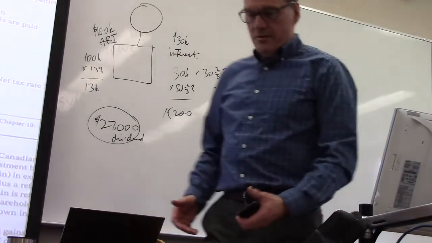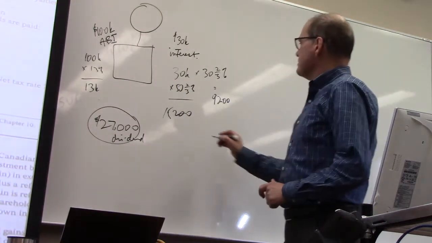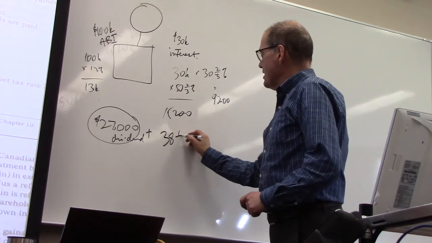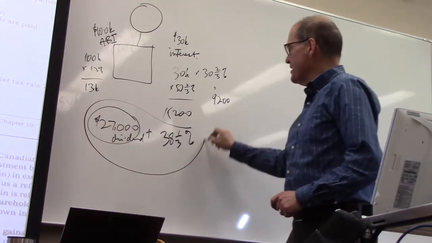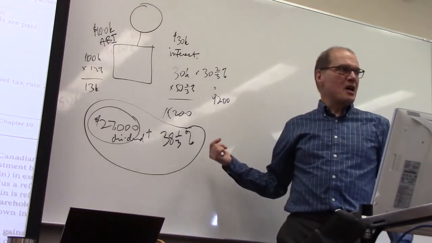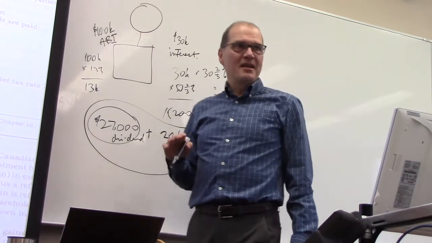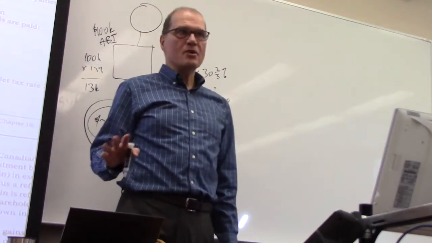The amount is the amount of dividend that we pay, $27,000 times 38 1/3%. This is the second or third time we've seen this 38 1/3%. And by the end of today's lecture, I'll solve the mystery about why we're seeing it so often and sort of where it comes from.